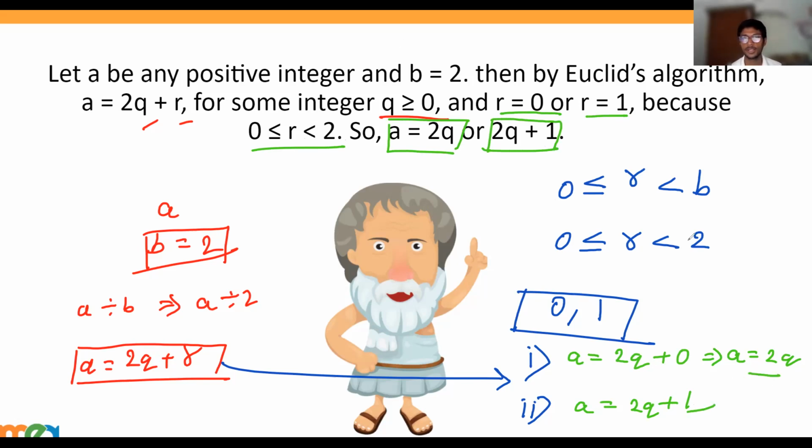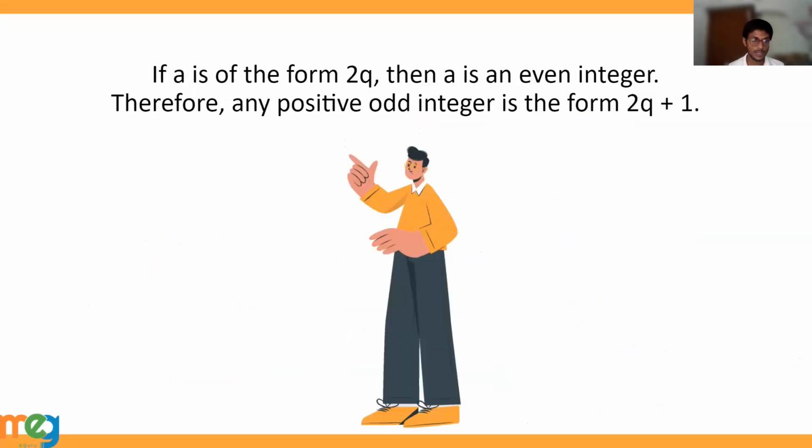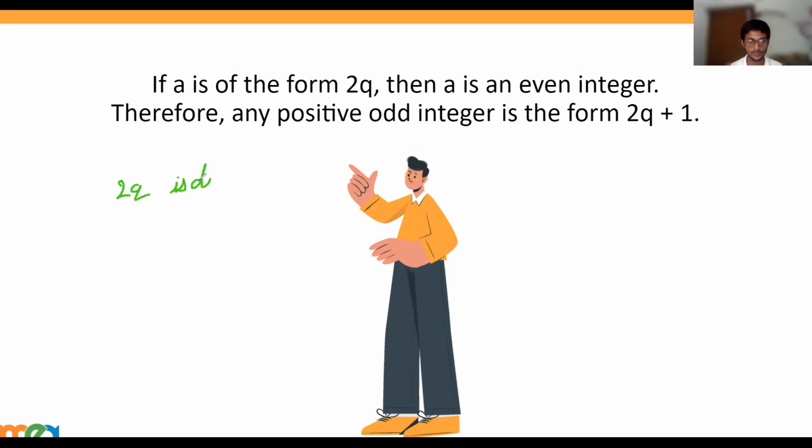Moving on, if a is of the form 2q, then a is an even integer, because it's obvious that 2q is divisible by 2. Hence, if a is equal to 2q, then a is an even integer.